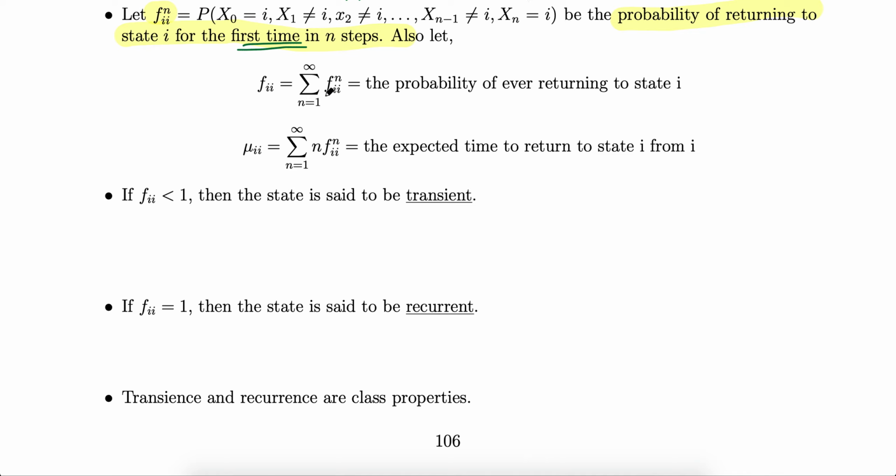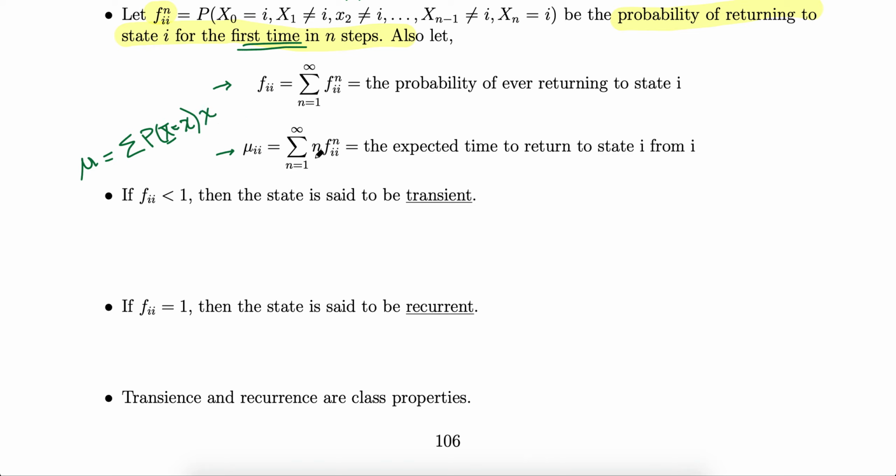Okay, a couple more bits of vocab to go with this. If we sum that up over all n, so first time I return is in 1 step, plus returning for the first time in 2 steps, plus in 3 steps, and so on, that gives us the probability of ever returning to state I. Then, if I look at the expected value of this, think of our usual expected value formula, our mu in the discrete case: the sum of the probability that a random variable takes on value little x, times those x's.